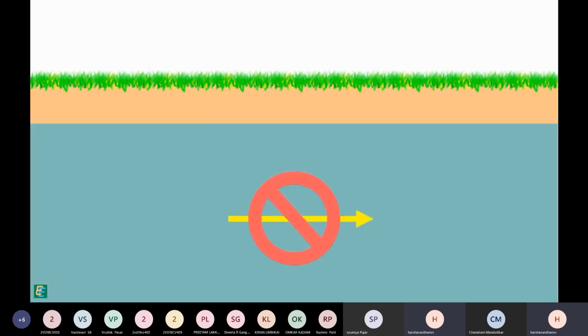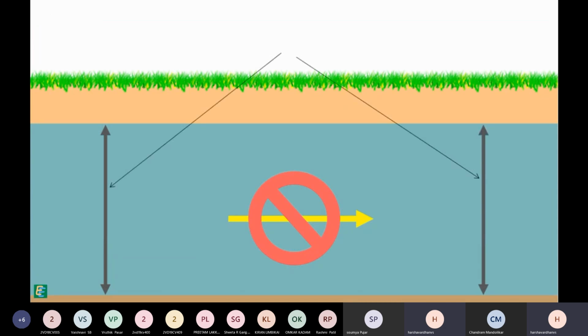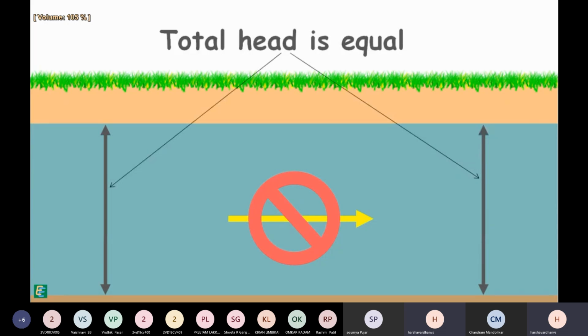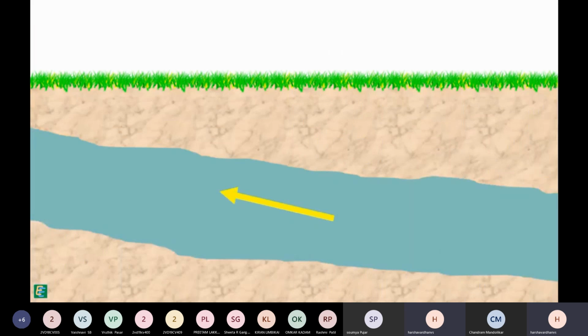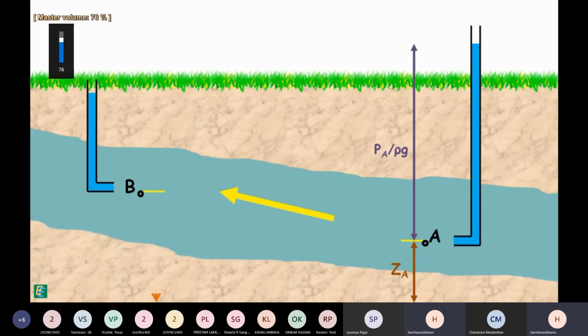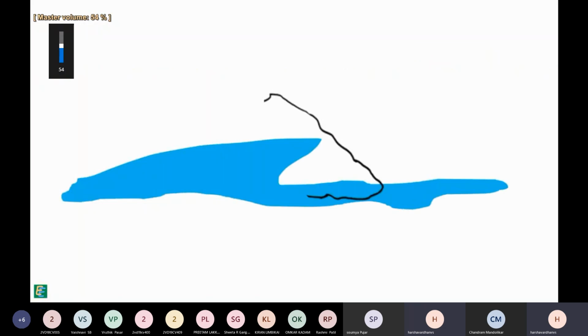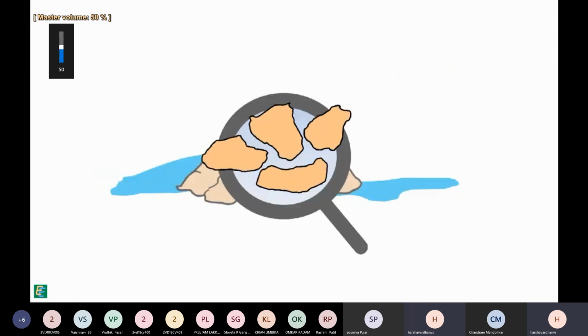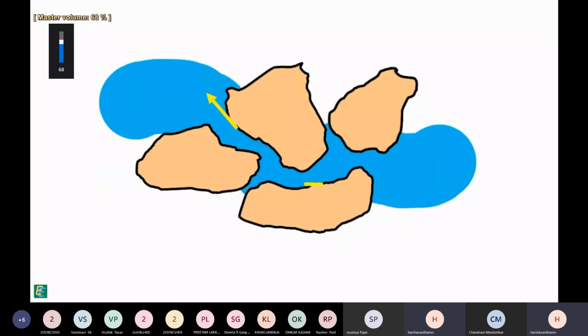Water does not flow if two points in the water have the same energy or have inadequate head difference. Water may flow even against gravity if point A is at higher hydraulic head than point B. As the water flows through the soil, the surface of the soil particles offers resistance to the flow.